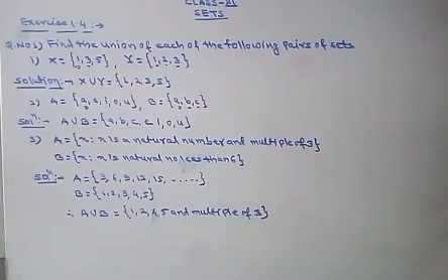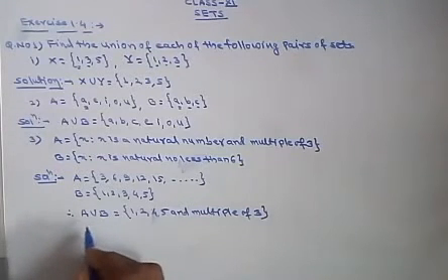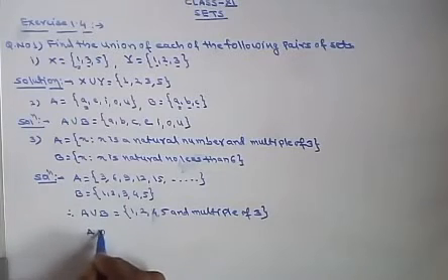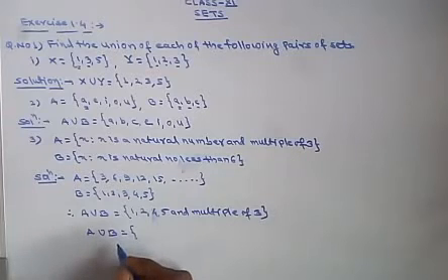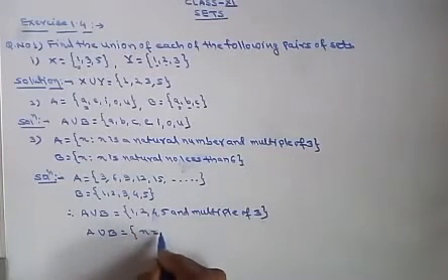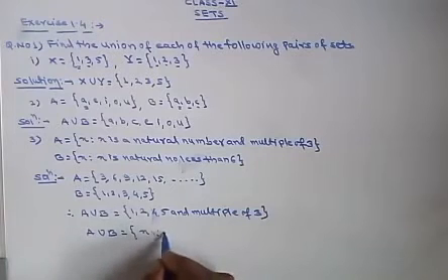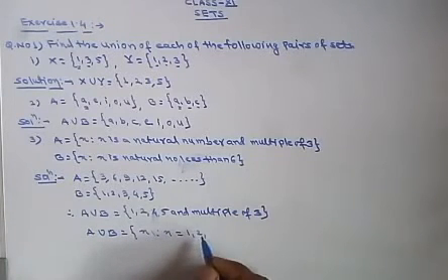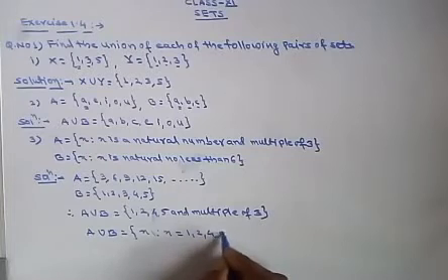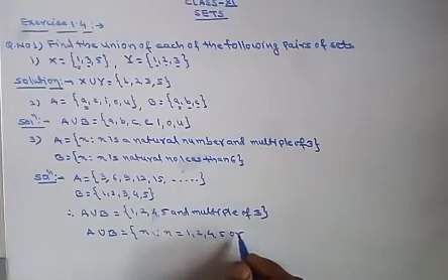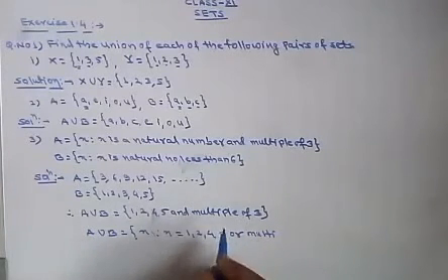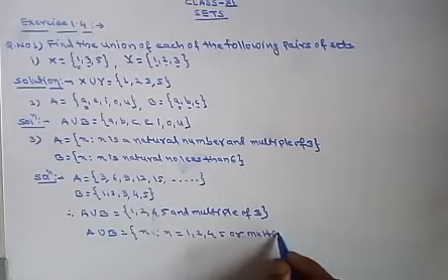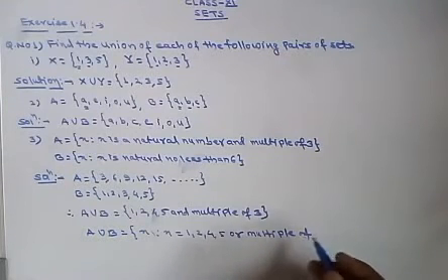Or I can write this in this way also: A union B equals a set of x elements such that x equals 1, 2, 4, 5 or multiple of 3.